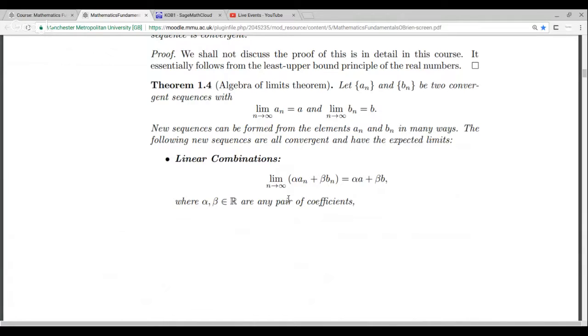So the convergence of a_n and b_n causes this new sequence to be convergent as well.